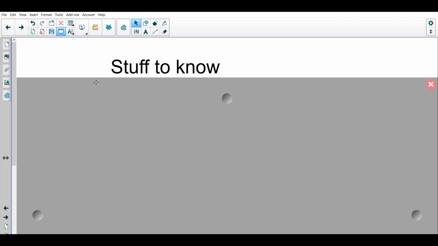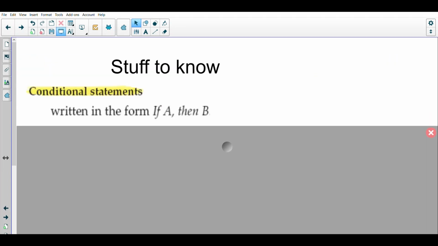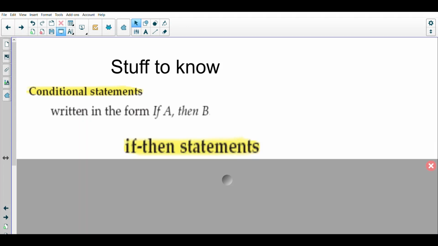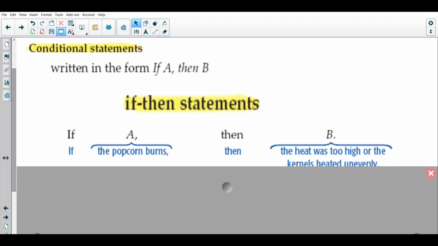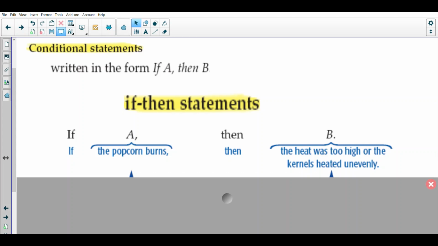So first stuff we need to know is just a conditional statement. A conditional statement is written in the form if A, then B. They're called if-then statements. In this situation, if the popcorn burns, then the heat was too high or the kernels heated unevenly.